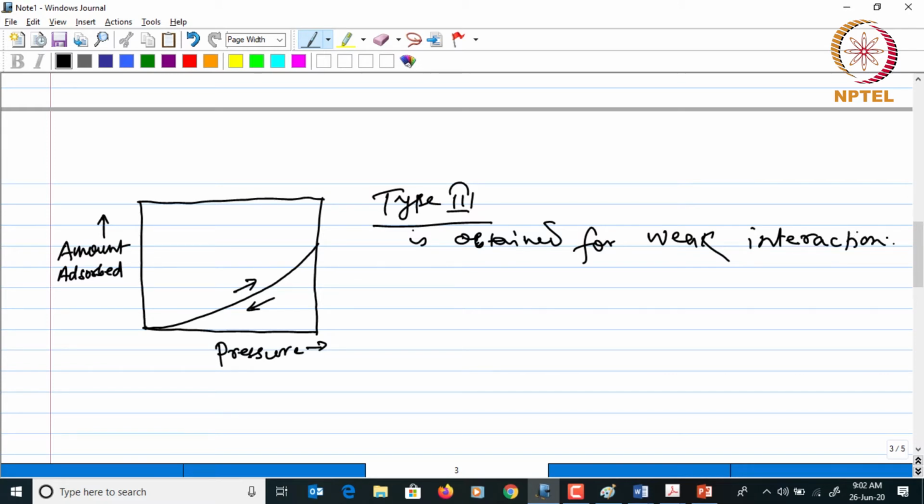So here the interaction between two adsorbate molecules approaches that between the adsorbate and adsorbent, which also means that the heat of adsorption is similar to the heat of condensation.